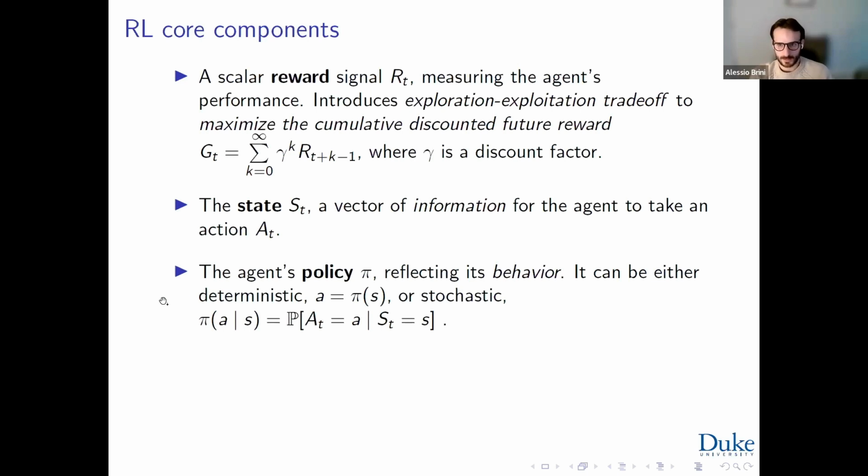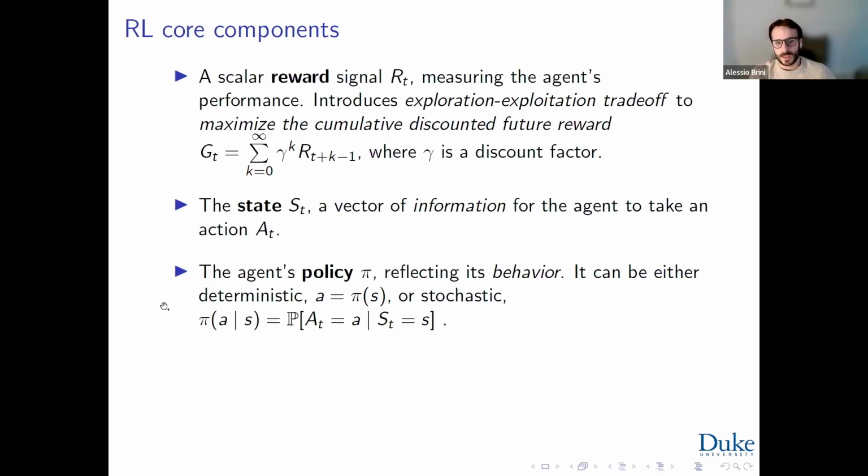This policy, pi, reflects the behavior of the agent, and it's in general a distribution. It can be deterministic, so just a function of the state that gives you the action to take, or it can be stochastic, a distribution of actions given a certain state.